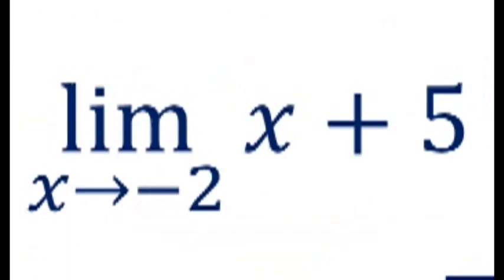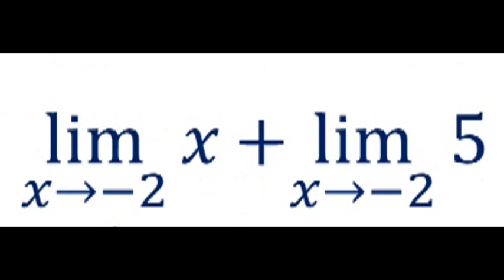Let's have an example. Limit of x plus 5 as x approaches negative 2. So you have to separate the x and the 5. In separating this, limit of x as x approaches negative 2 plus, since the operation between them is plus, limit of 5 as x approaches negative 2. Simplify.